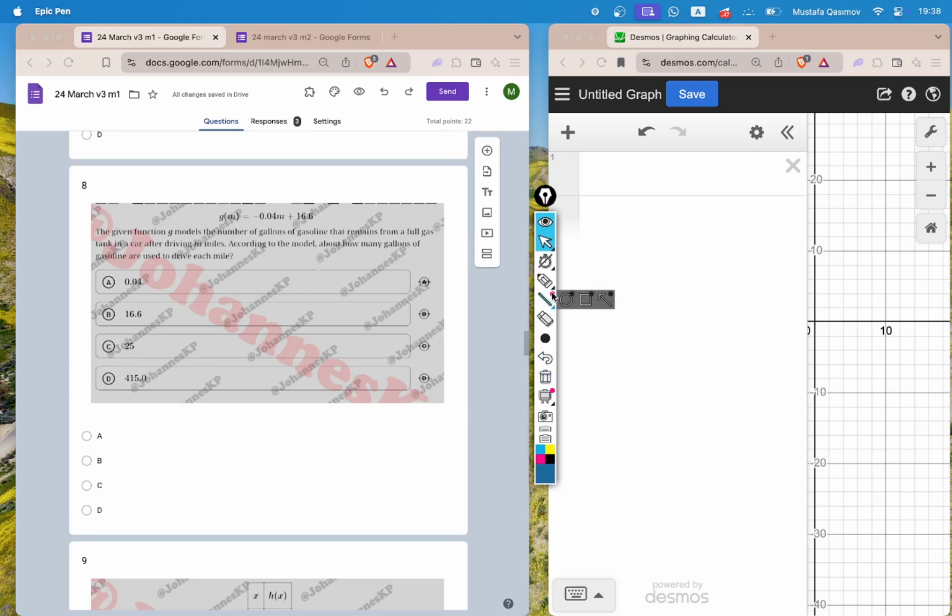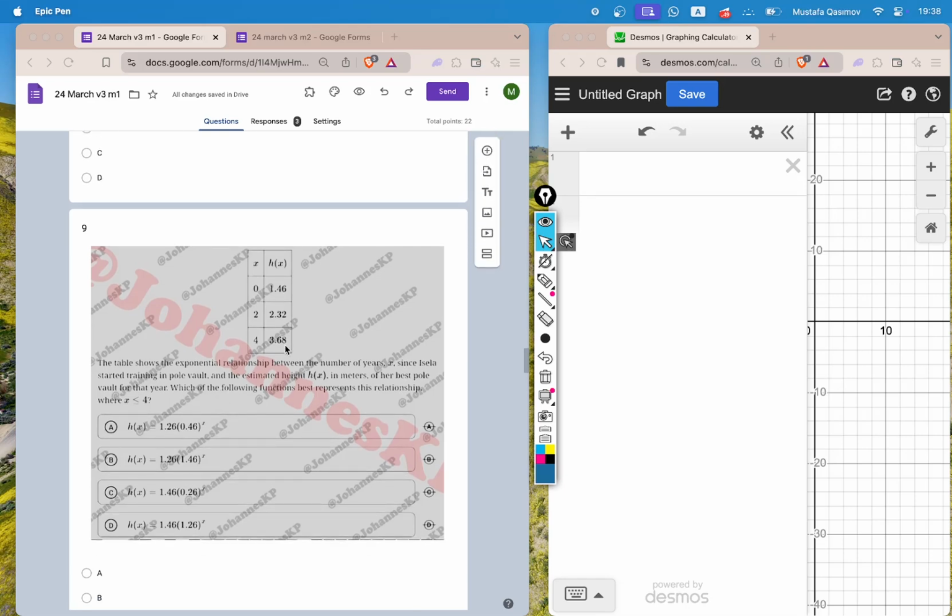For 9, when it asks about each mile, take 0.04. If it asks starting value, take this one. So answer is A. Write it to decimals, look which one is correct for that one.